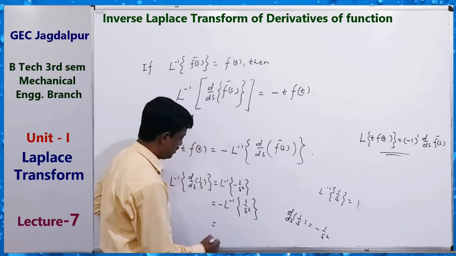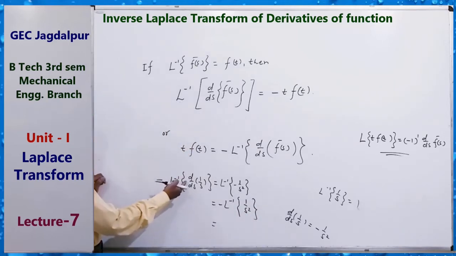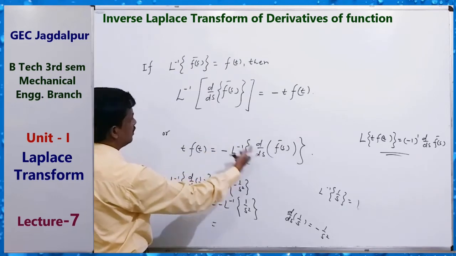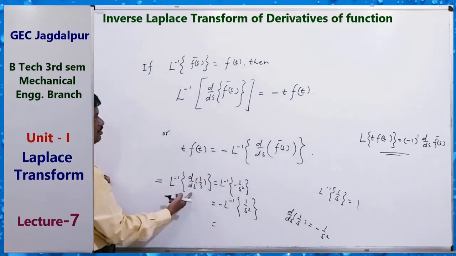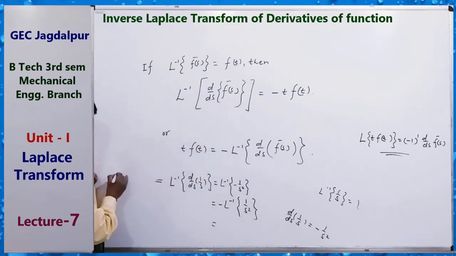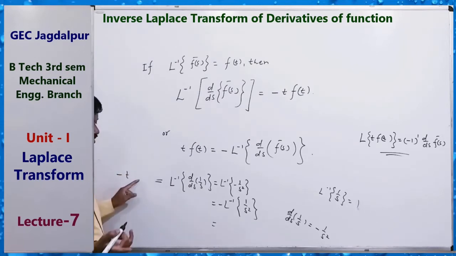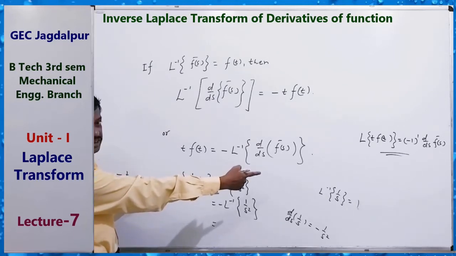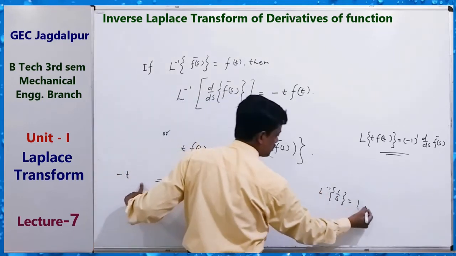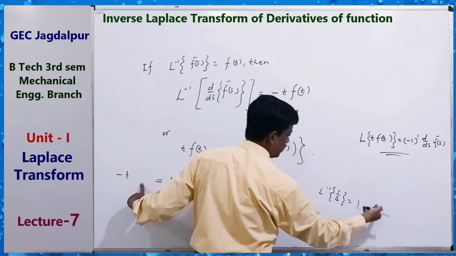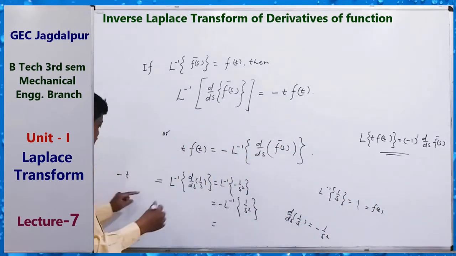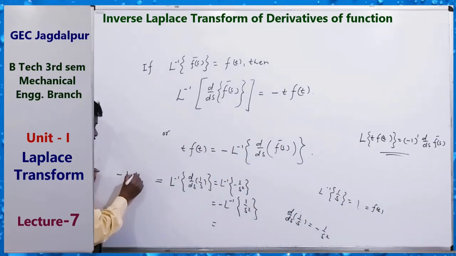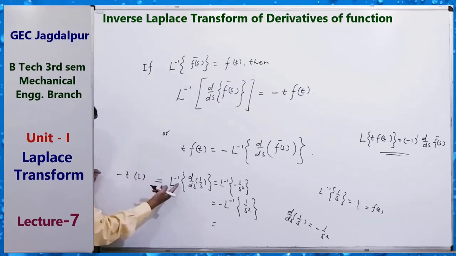And this is equal to what? The derivative is equal to minus t f t. What will be the f t? L inverse f s bar equals to f t. f t equals to 1. So this is equal to this.